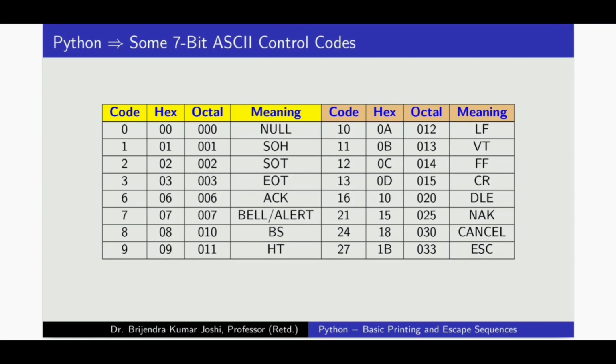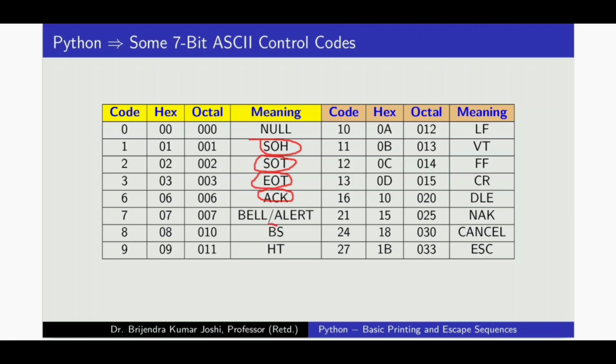So some of the control codes are given here. People working in computer communication may recognize these: start of heading, start of text, end of text, acknowledgement, and bell alert.